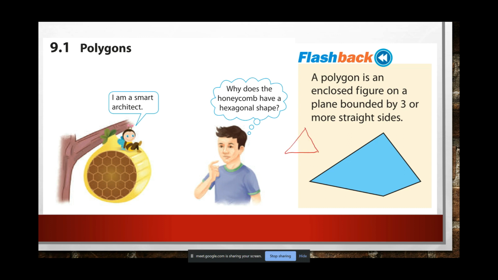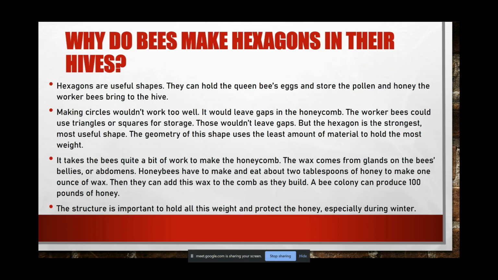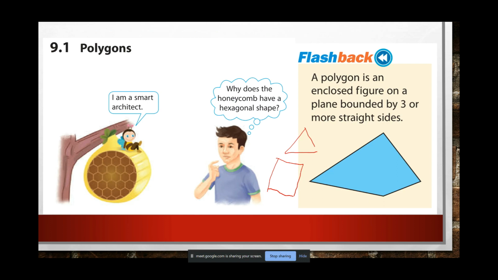Like this is not closed, so it's not a polygon. So it has to be enclosed. When you have an enclosed figure, it is a polygon. So this is a triangle over here, bounded by 3 or more straight lines. We call it polygon, including the triangle. The triangle is one of the polygons.